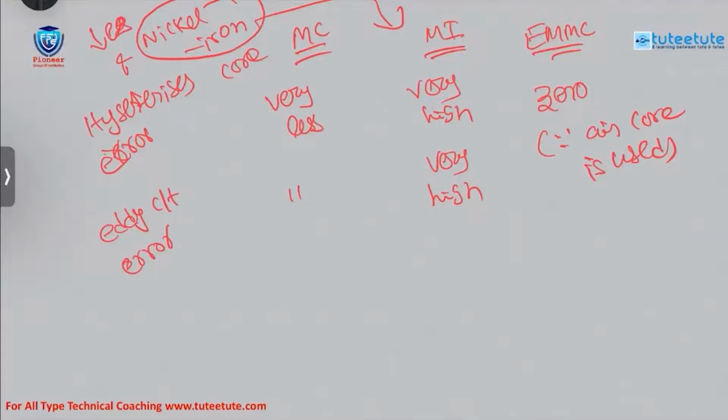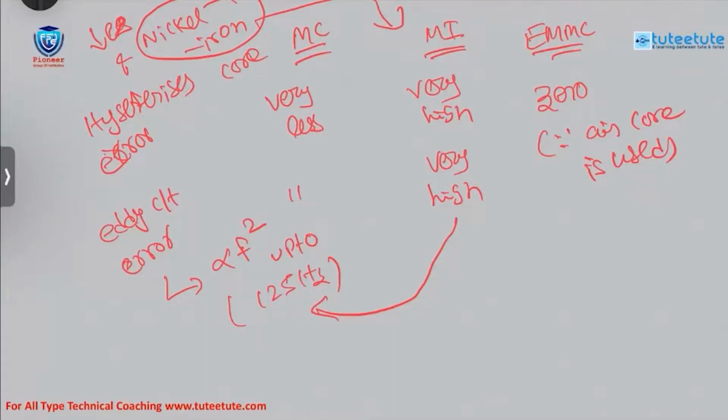Eddy current losses are normally directly proportional to frequency. So here also we are going to limit moving iron instruments up to 125 hertz for measurement of the voltage.